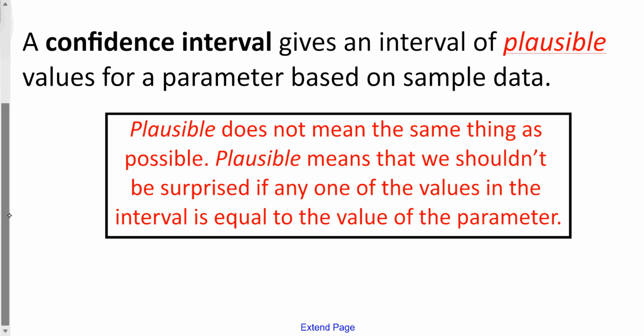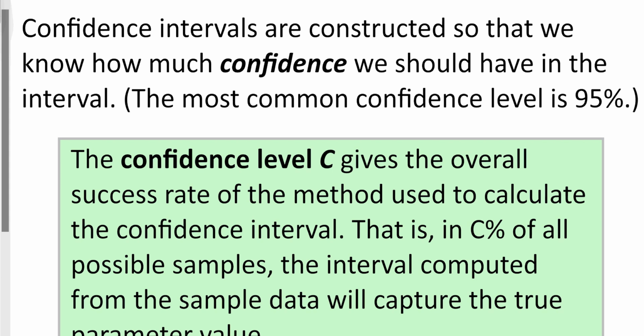It just means plausible. So yeah, keep that in mind. It's not just possible, because anything is possible, but we want plausible, reasonable, plausible. All right? Confidence intervals are constructed so that we know how much confidence we should have in that interval.